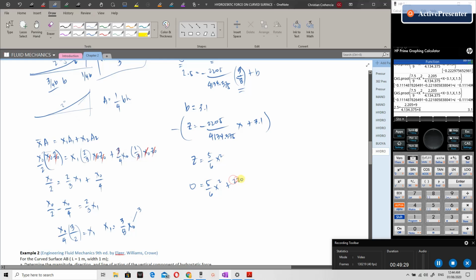Plus 0.5 over 4134.375 x. Then, magiging minus 3.1. So, ito pwede natin itong i-input sa Casio to determine yung root natin para sa x.